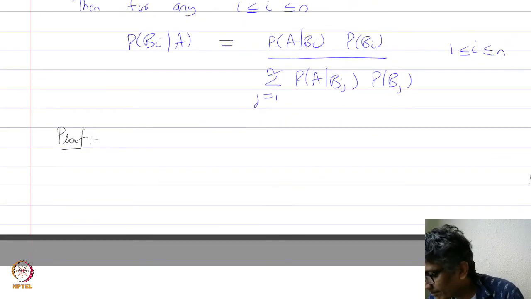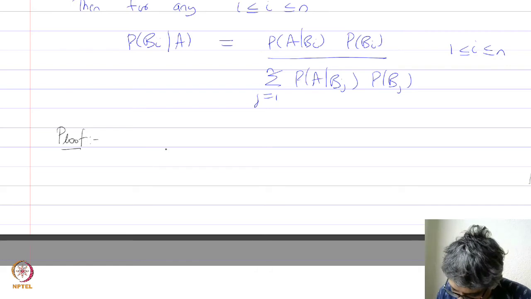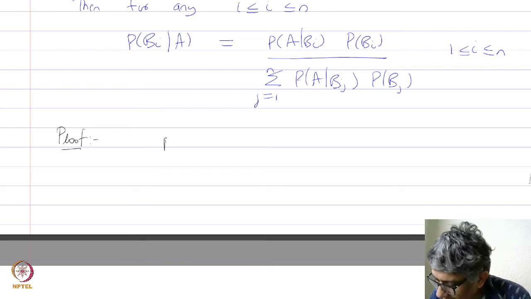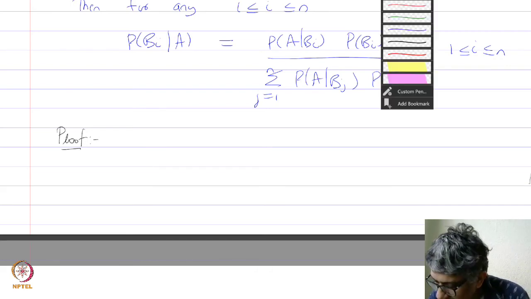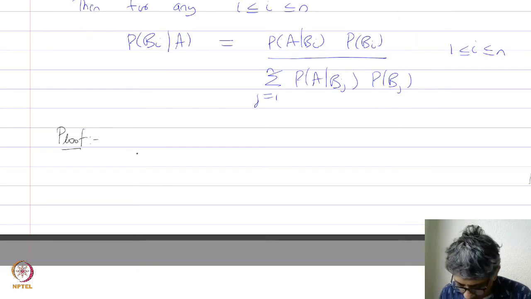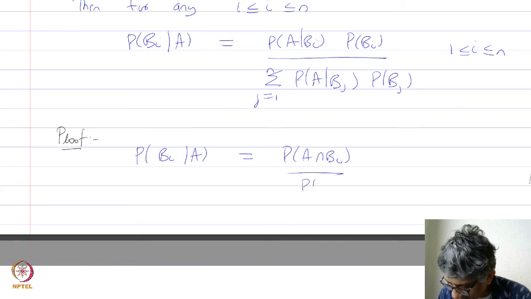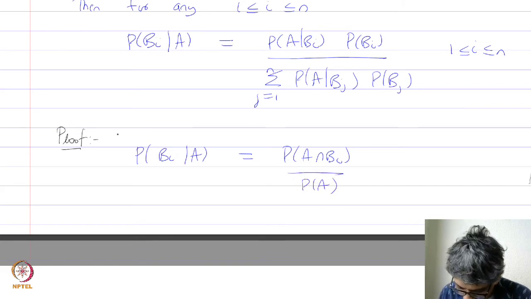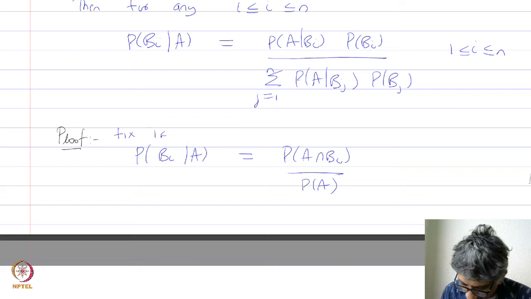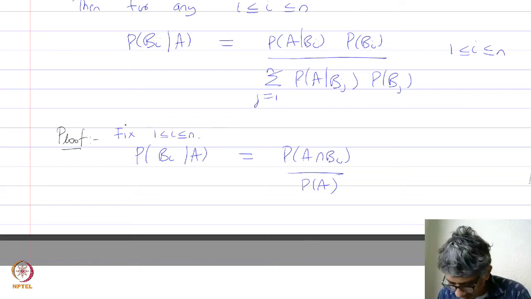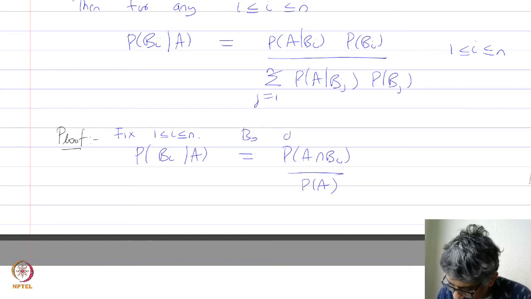The probability of Bi given A is the same as the probability of A and Bi divided by the probability of A. This is just conditional probability. So we fix an i between 1 and n. This is true by definition.